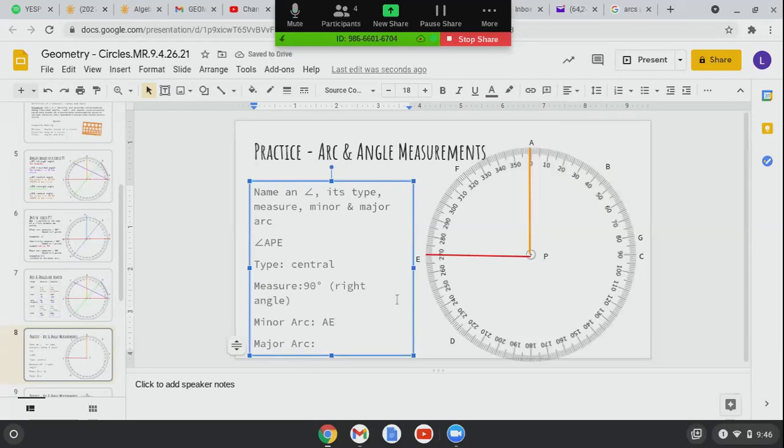So if the minor arc goes from A to E, we went from A and we went to the left. Then for the major arc, we have to start at A and go to the right. And again, it is a major arc, so you have to name it with three letters, because the middle letter tells direction. So what's the major arc? We can go back for the measures.